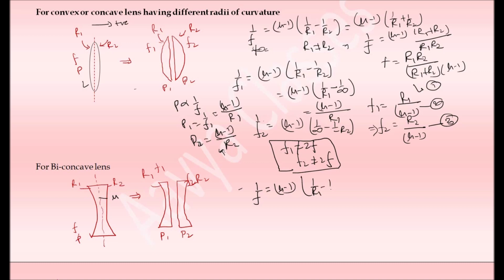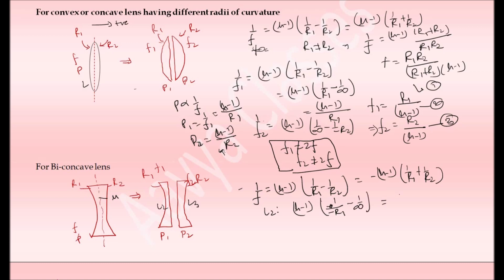So 1 by f is equal to mu minus 1 times (1 by r1 minus 1 by r2). Here r1 comes with negative sign and r2 comes with positive sign, so we get minus (mu minus 1) times (1 by r1 plus 1 by r2). And similarly, if you consider this lens L2, we have mu minus 1 times 1 by r1. r1 comes with a negative sign, so minus r1, and r2 is equal to infinity, that is 1 by infinity.